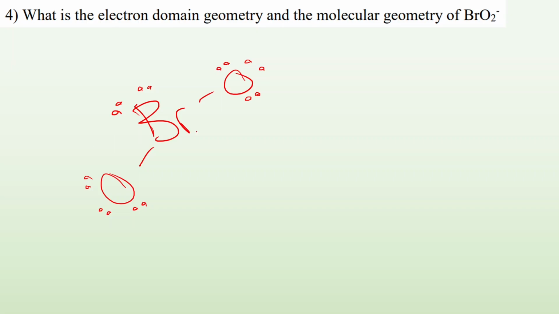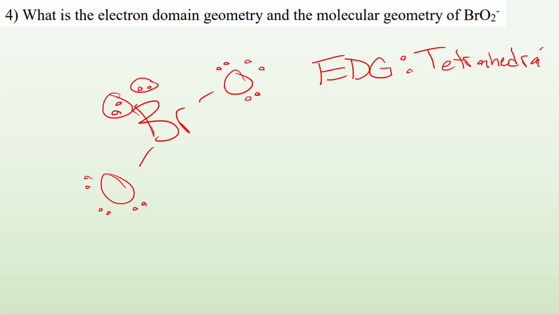So I've now placed my 20 electrons, so my electron domain geometry. Well, there are 1, 2, 3, 4 domains, so it would be tetrahedral. But the molecular geometry would be bent.